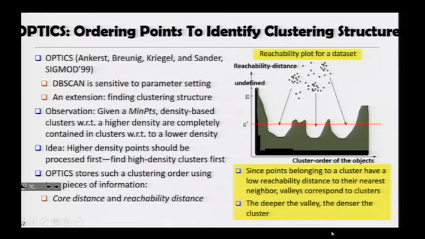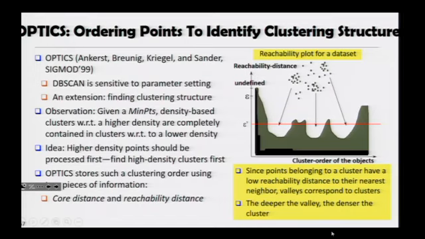So as I just said, sensitivity to the parameters is one disadvantage of the DBSCAN algorithm, and that also motivates people to modify and extend DBSCAN to make it less sensitive to the parameter setting.